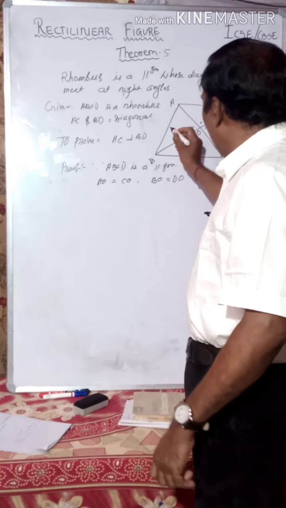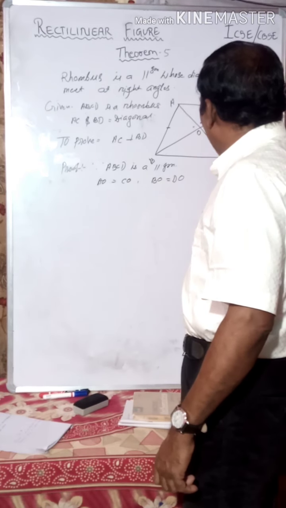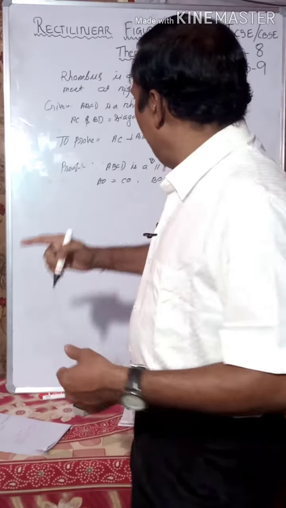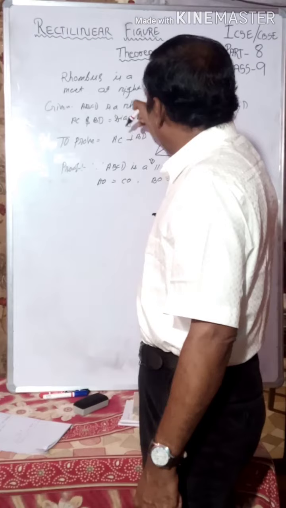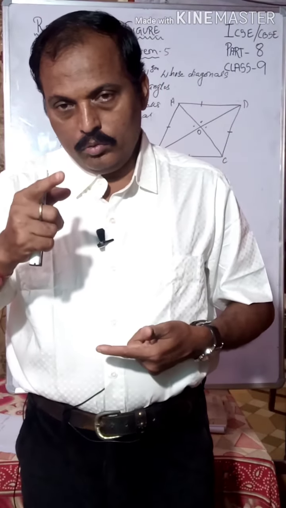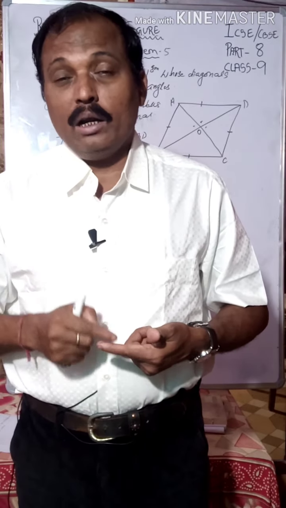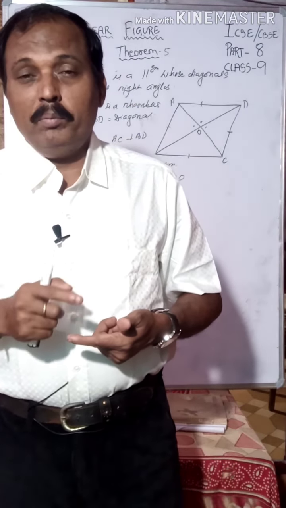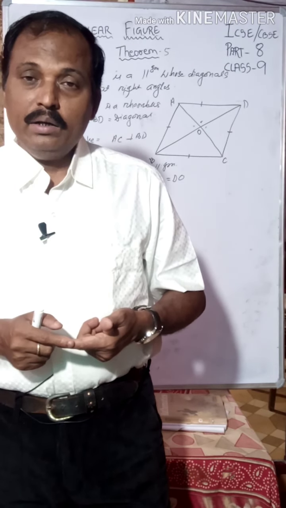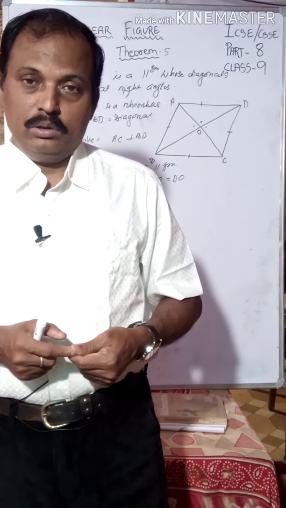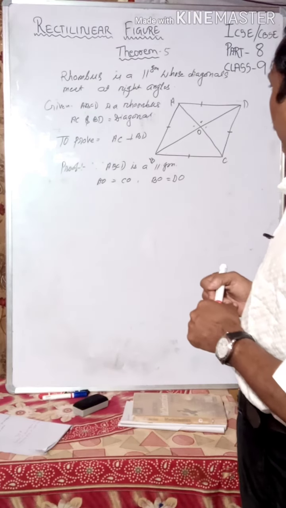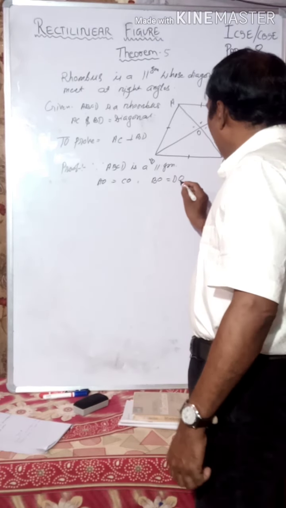So AB is equal to AD is equal to CD is equal to BC. That is another point. ABCD is a rhombus, also a parallelogram. In a parallelogram, if two adjacent sides are equal, then it is a rhombus. Minimum definition, maximum application. So BO is equal to DO.